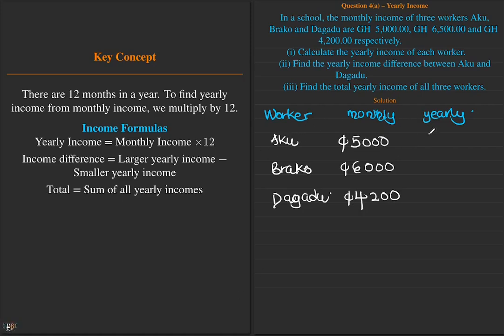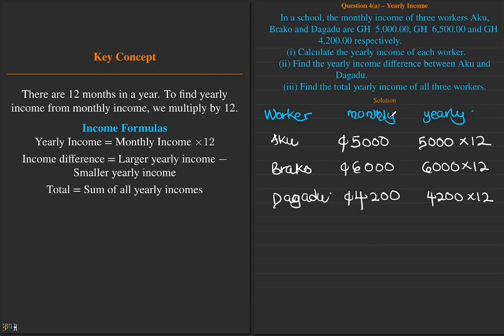For the yearly income of Aku, we are going to multiply the 5,000 by 12. For the yearly income of Brako, we are going to multiply 6,000 also by 12. And then for the yearly income of Dagadu, we are going to multiply 4,200 also by 12.